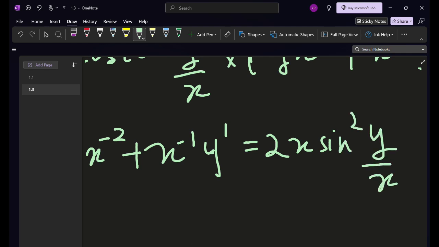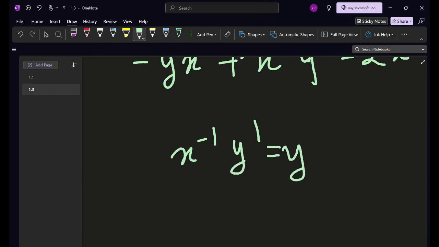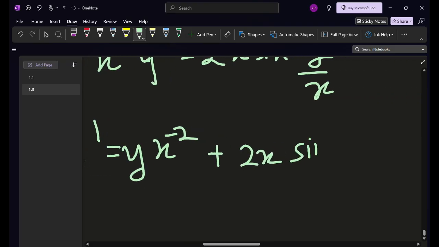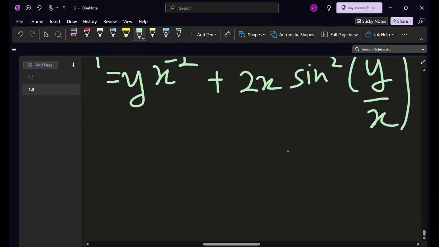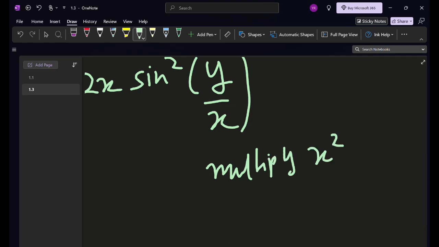As I said, cosec square has been sent to the other side, and then this can be written as x to the power minus 1 y dash is equal to y into x to the power minus 2 plus 2x sine square y by x. As you can see, we have reached very close to the original ODE. So what is left is to multiply the whole term by x square on both sides.